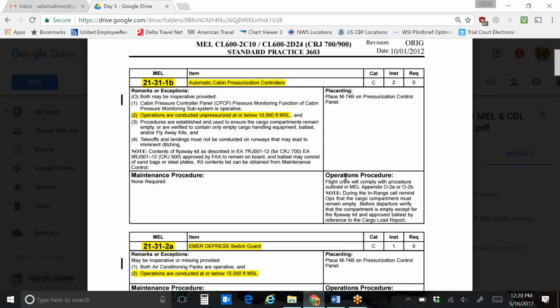Now, that's going to be very difficult in some areas of the country to adhere to a 10,000 foot flight level restriction. And also we're talking about that it has to be unpressurized. That is the reason for the restriction, because with this MEL there is no cabin pressurization. So the higher you get, the air pressure is not going to remain lower as the aircraft climbs. So that's why it's limited in altitude.